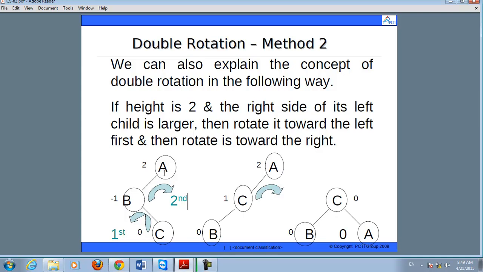The B will come in place of A and C will come in place of B. In this way, you can perform the rotation, or the C will come at the place of B and the B will come in place of C. Then you rotate it again to find out the balanced tree.